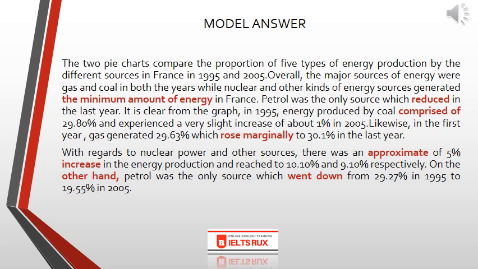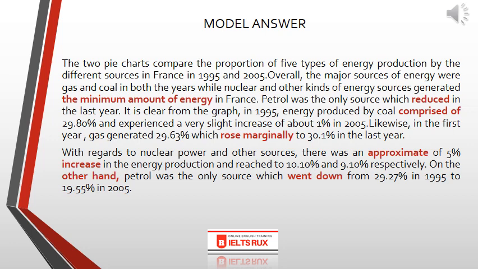It is clear from the graph that in 1995, the energy produced by coal comprised 29.80% and experienced a very slight increase of about 1% in 2005. Likewise, in the first year, gas generated 29.63%, which rose marginally to 30.1% in the last year.